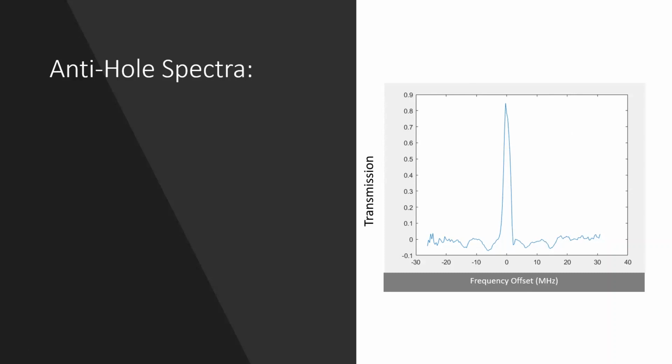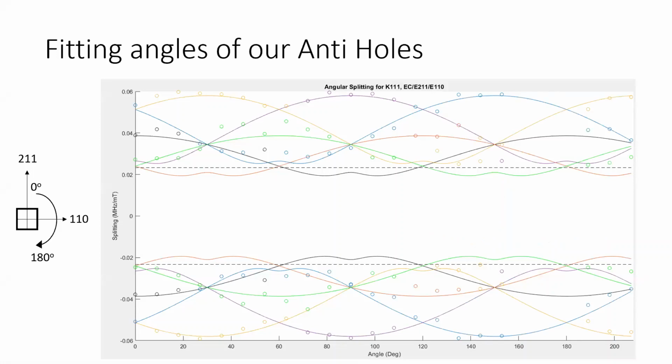So we did just this, and we rotate again, looking at the spectral locations of those antiholes across a series of different fields and resonances, and come up with a tensor value that matches it, hopefully pretty well.